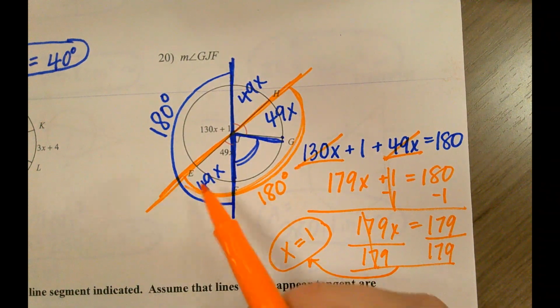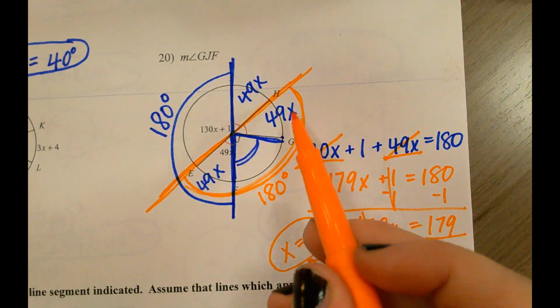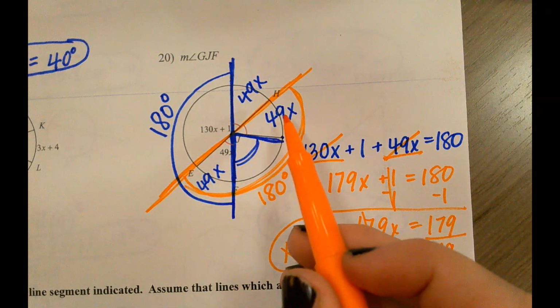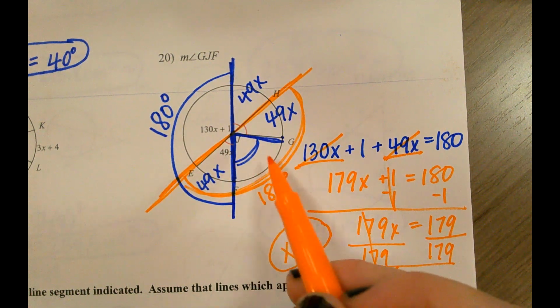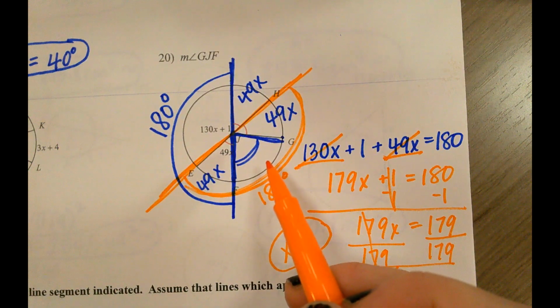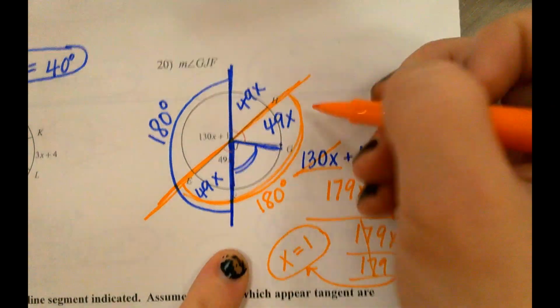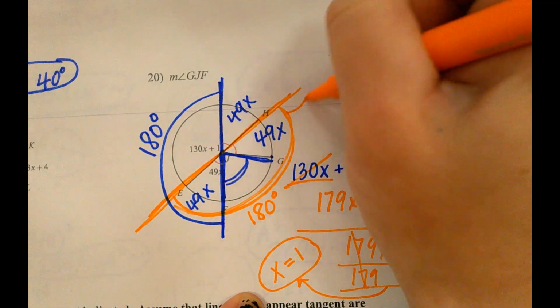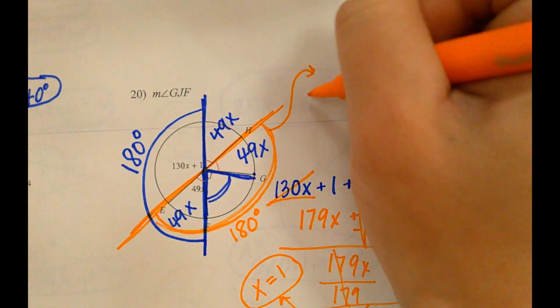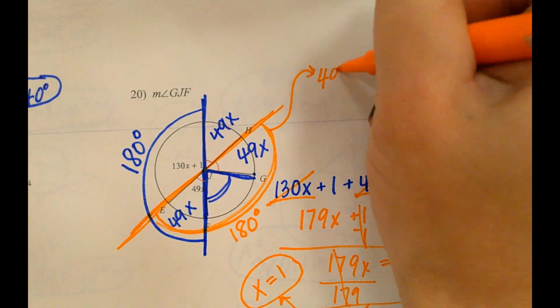If I knew how many degrees these two angles were, could I use that to solve for the angle I need? Yes. How can I? Go ahead. Combine both the 49s and both x's, so basically the 49 times 2, which is 98.